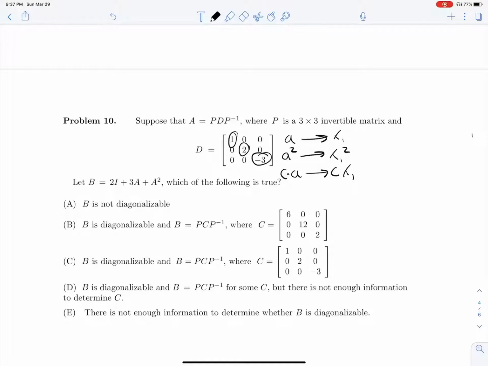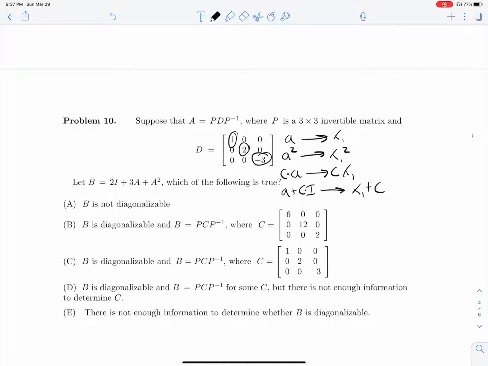And then finally, A plus c times the identity matrix will have an eigenvalue lambda 1 plus c. And so using these three facts, we can see what the eigenvalues of B are going to be.